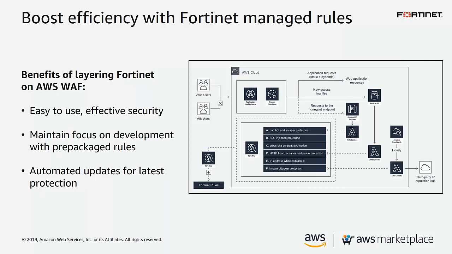You're going to get continuous updates from the security experts at Fortinet on a regular basis, and it's really easy to set up. You go into the console, enable the WAF, and then, once you've gone through the little purchasing process, attach the rules to the WAF there.